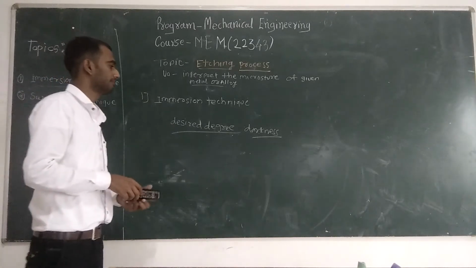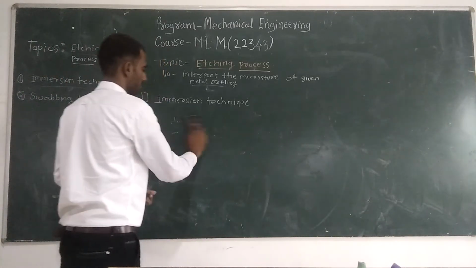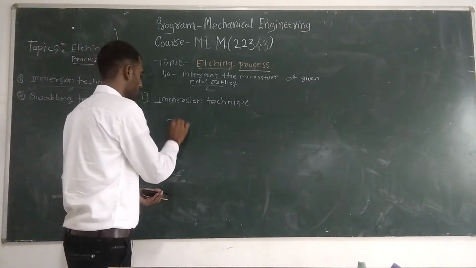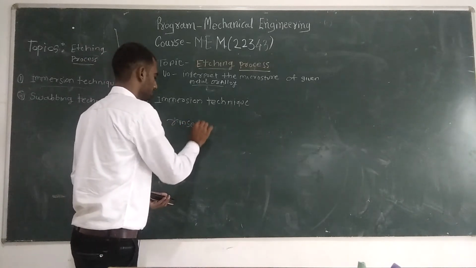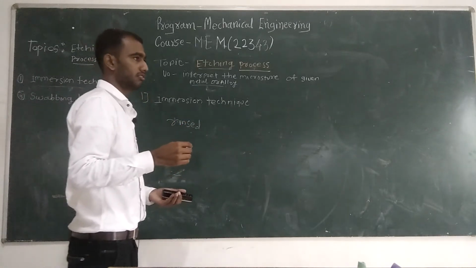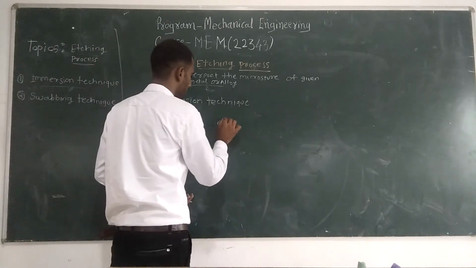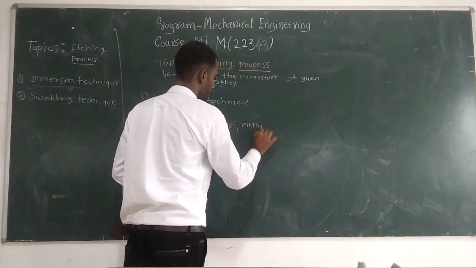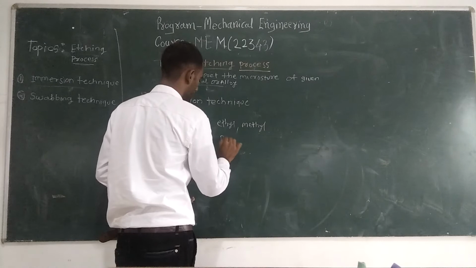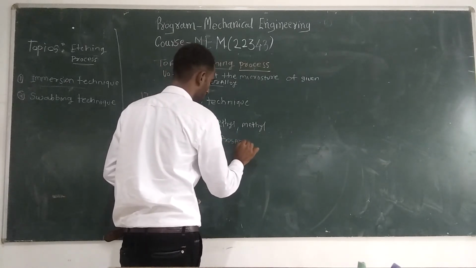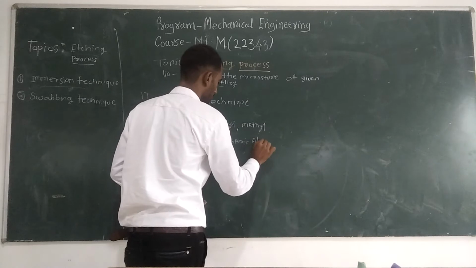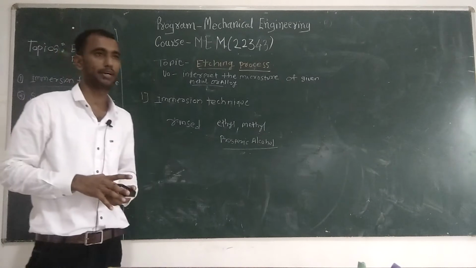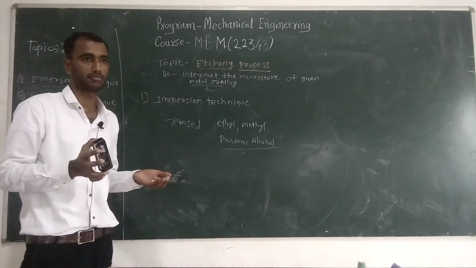Okay. After that, the specimen is rinsed with ethyl, then methyl, phosphoric alcohol, to remove the water droplets from the surface of the specimen.